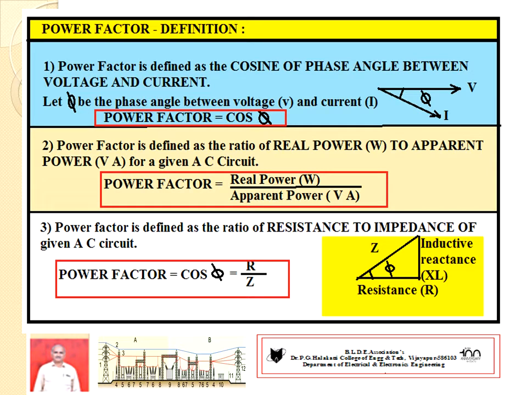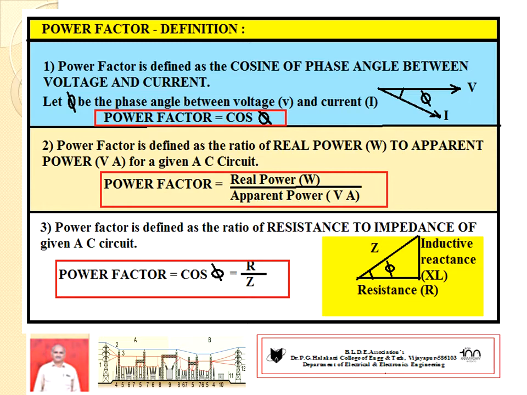In the usual university question paper, we may expect: define power factor and explain the importance of power factor in AC circuit. It is already well known from the previous slide. The same thing you have to write with respective diagrams or waveforms.